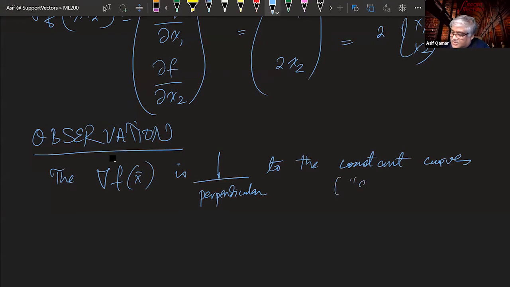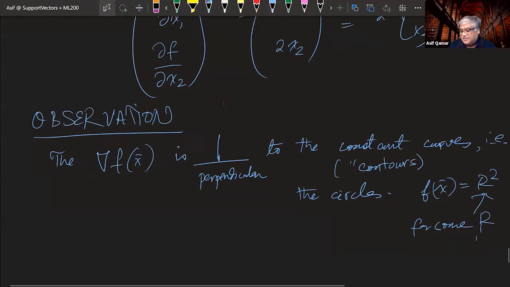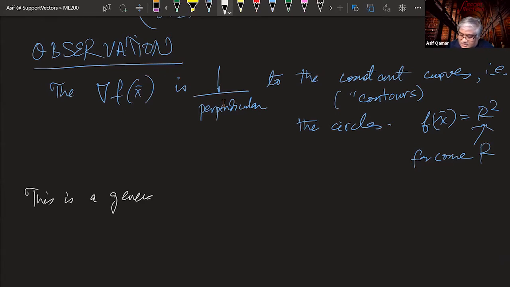These are called contours, i.e. the circles, f equal to some constant r squared, for some r. This observation is very general. What is true for the circle is always true. This is a general fact.